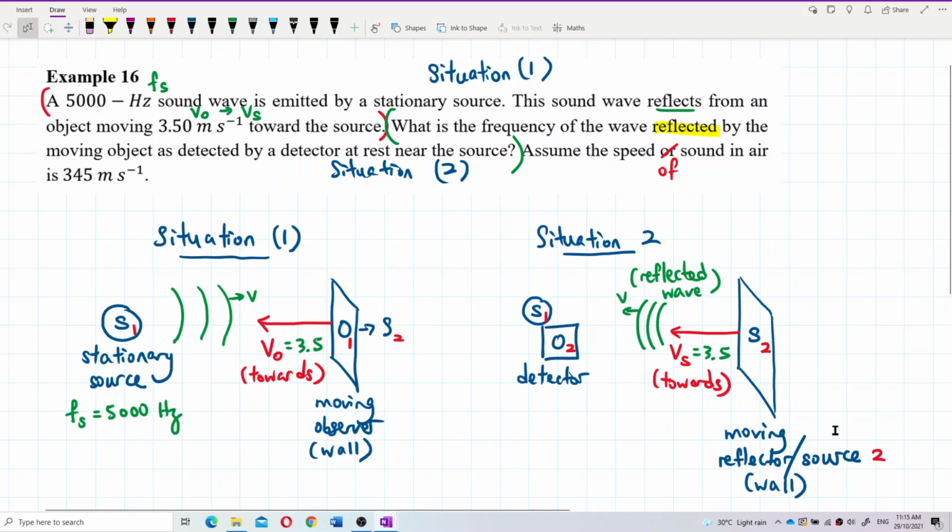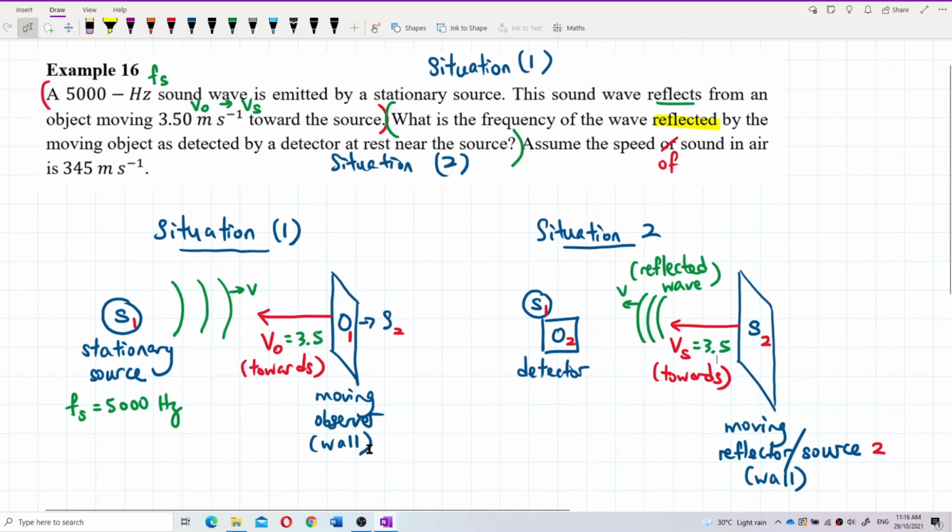This velocity becomes the source velocity. It's like the source is now moving towards the detector, which is observer 2. So VO becomes VS. The reflected wave means when he reflects the wave, he becomes source 2.